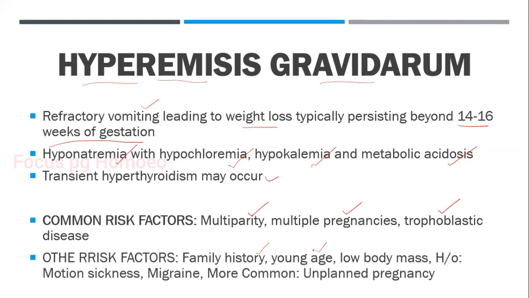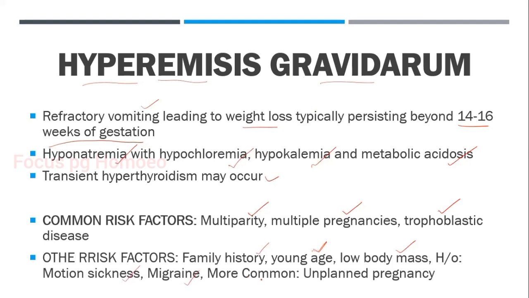Young age pregnancy, that means she became pregnant at a very early age, is another risk factor. And low body mass, that means an underweight woman who has become pregnant, then it is common. And there is history of motion sickness, car sickness, since childhood, and then a woman who gets pregnant will have the risk of getting hyperemesis gravidarum.